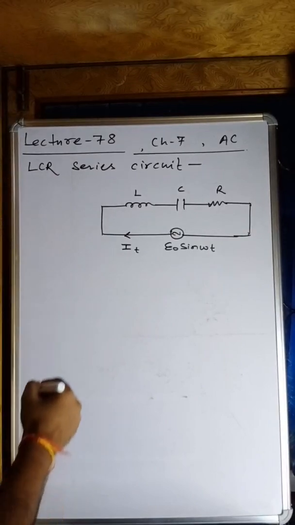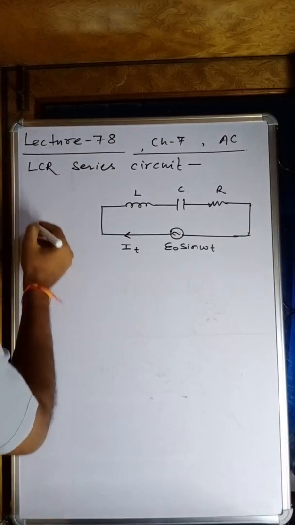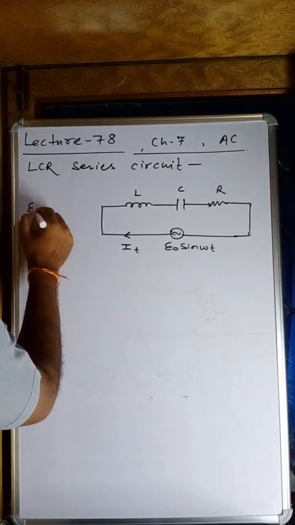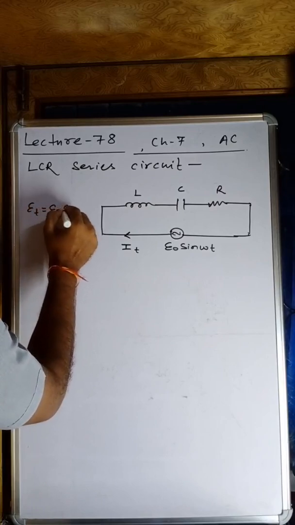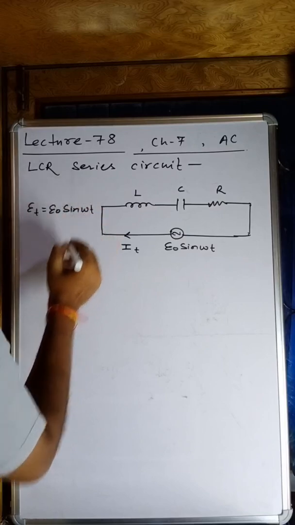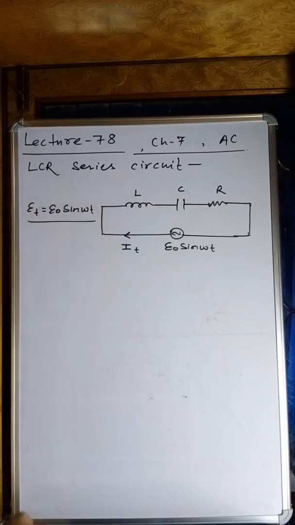What we have is E t as E0 sine omega t. This is our given value. Here L is the inductance of the inductor, C is the capacitance of the capacitor and R is the resistance of the resistor.